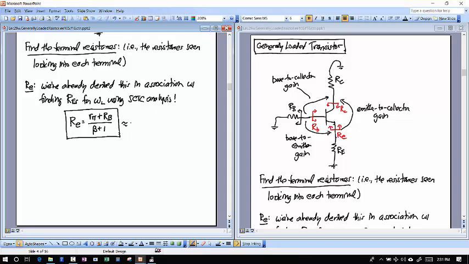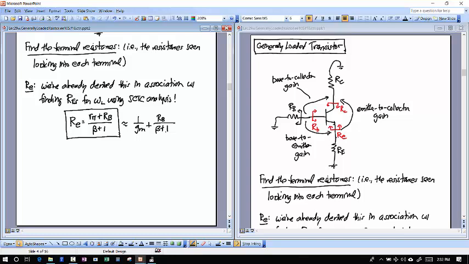These things you should sort of have in your head. This is equal to 1 over GM. Okay? It's actually equal to alpha over GM, but to me alpha is 1. Okay? So I can also write this as 1 over GM plus whatever that base resistance was divided by beta plus 1. So that's another way that I can write this exact same equation.